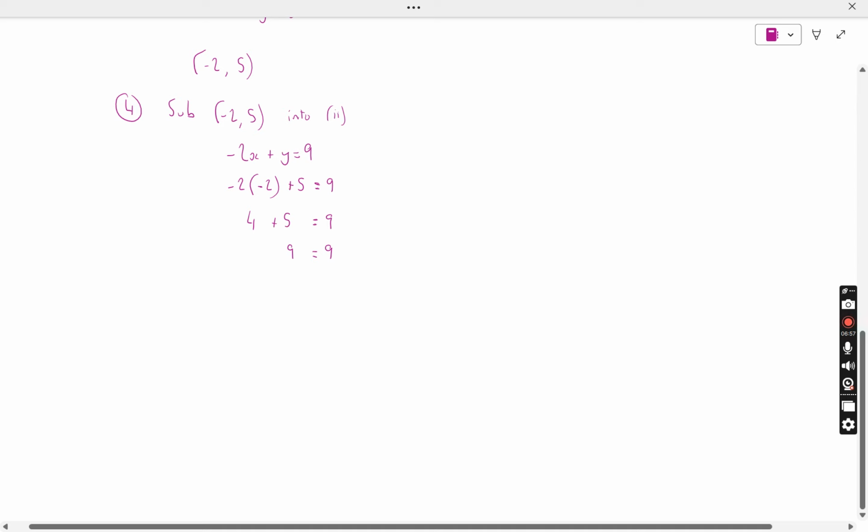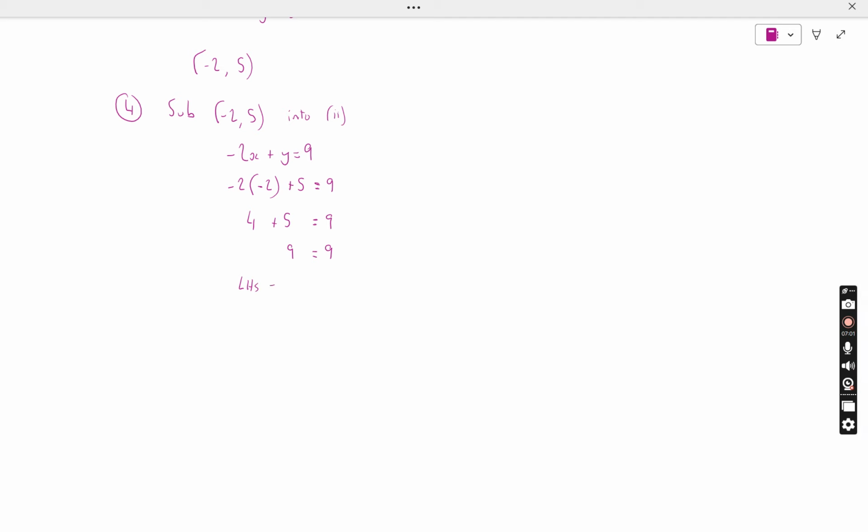Now the verification to this, left hand side equals right hand side, therefore, that's the symbol for therefore, solution of -2, 5 is verified. Okay, there you go.